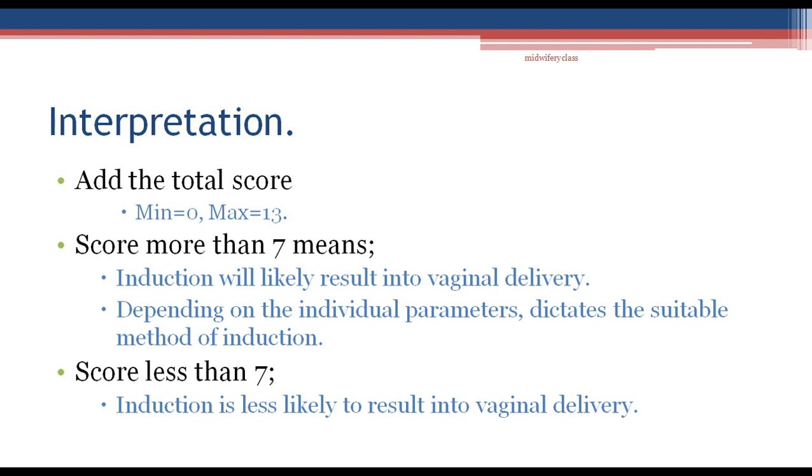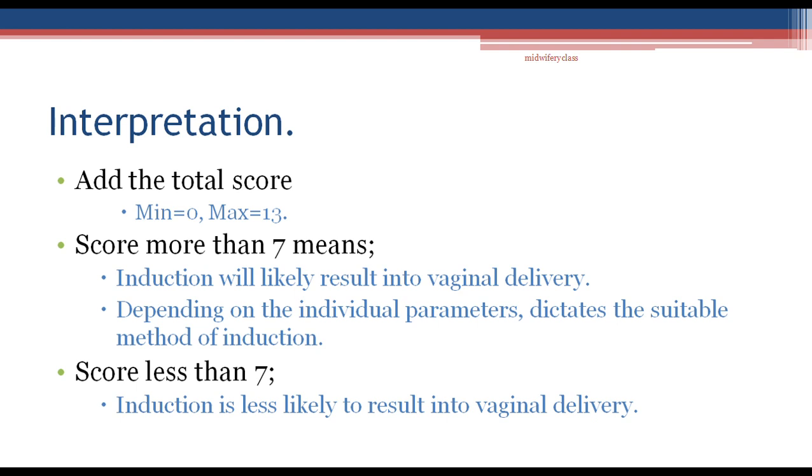Now, after getting the score, if you get a score of more than 7, this means that if you induce, your induction will likely result in a vaginal delivery. Then too, depending on the individual parameters, your score dictates which method is suitable for induction.